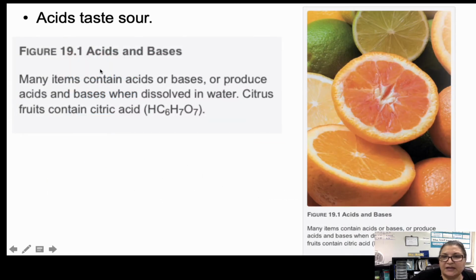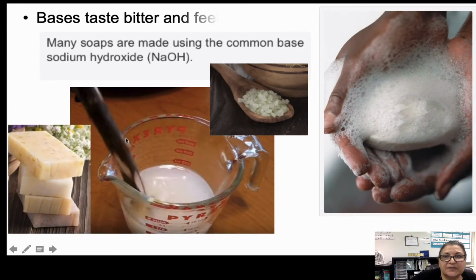Now, some of the characteristics of acids: it tastes sour, and you find it in, for example, citrus fruits, which have citric acid. Bases taste bitter and feel slippery.